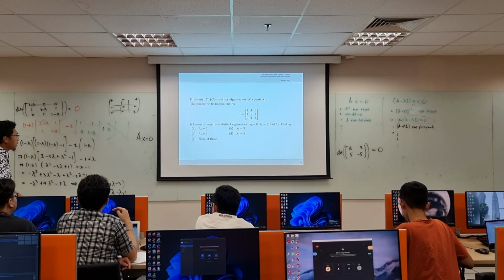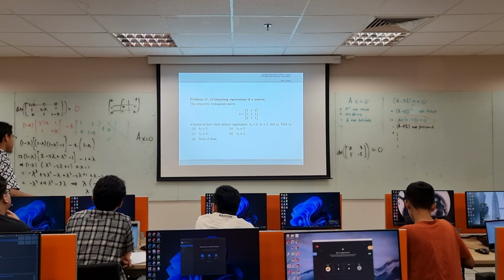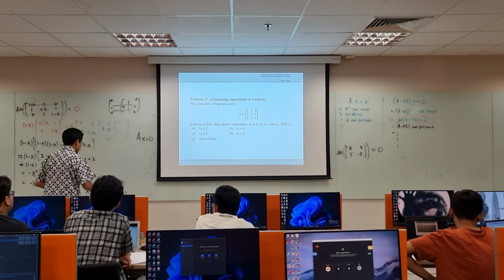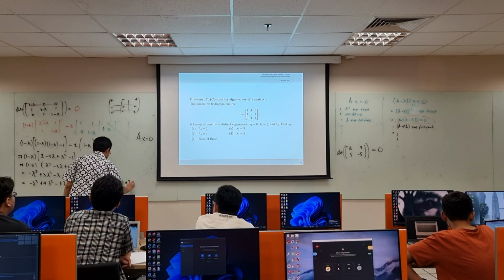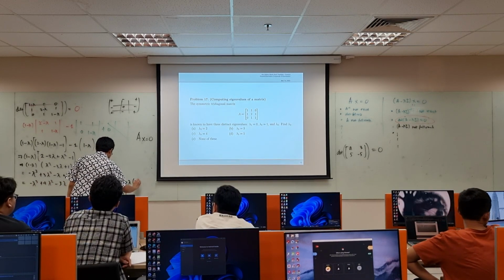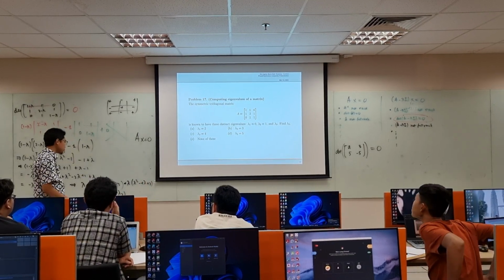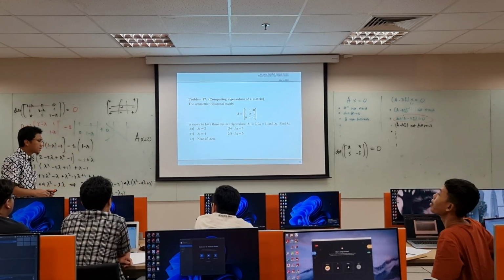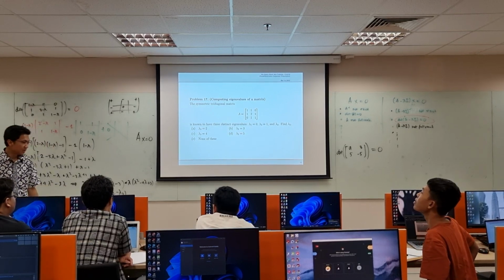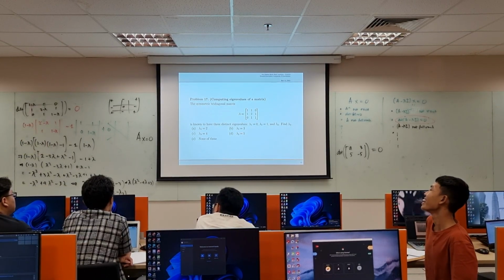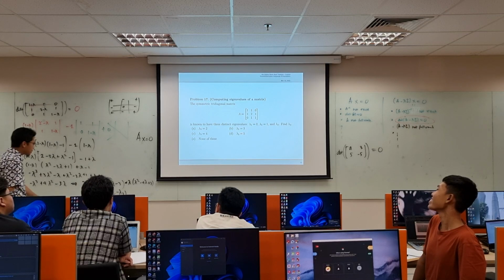Or it is lambda times lambda square minus 4 lambda plus 3. So lambda 3 must be 3 in this case.